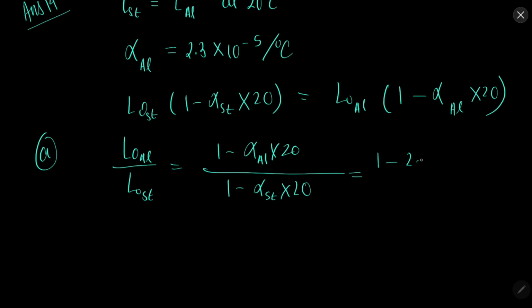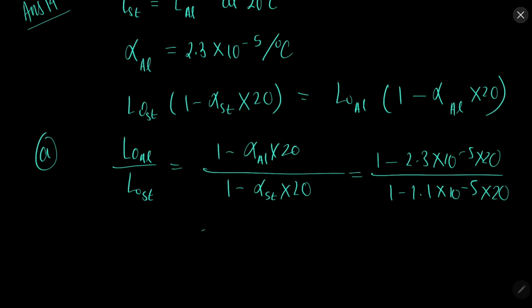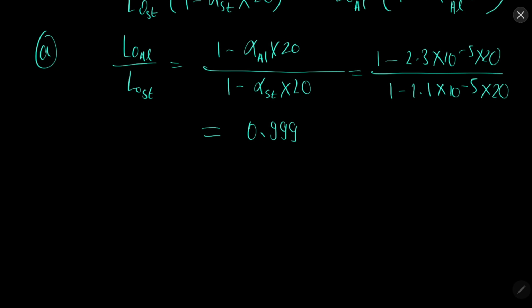So 1 minus 2.3 into 10 to the power minus 5 into 20 over 1 minus 1.1 into 10 to the power minus 5 into 20. So this ratio will come out to be around 0.999.